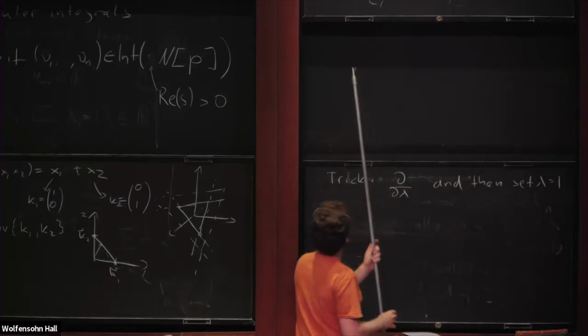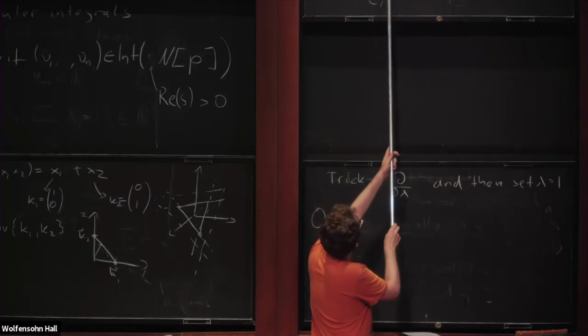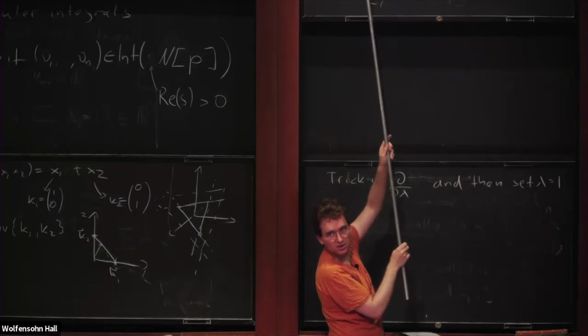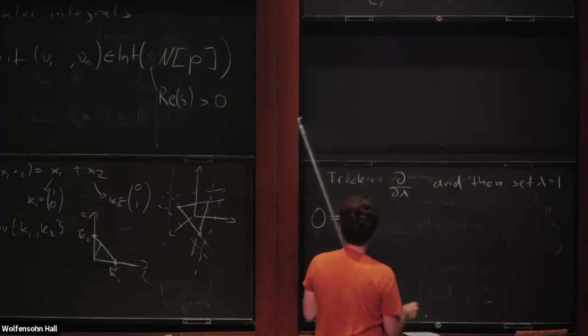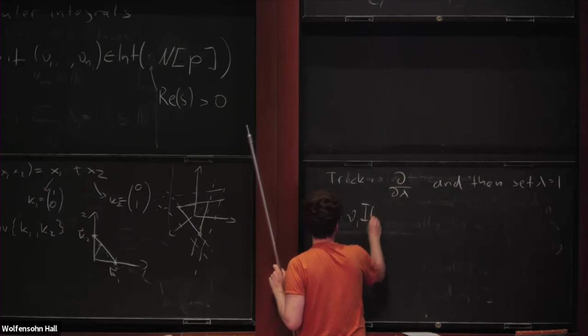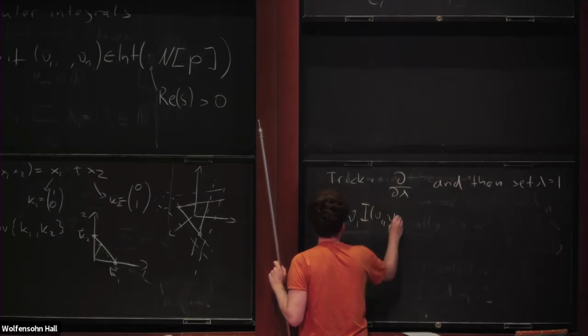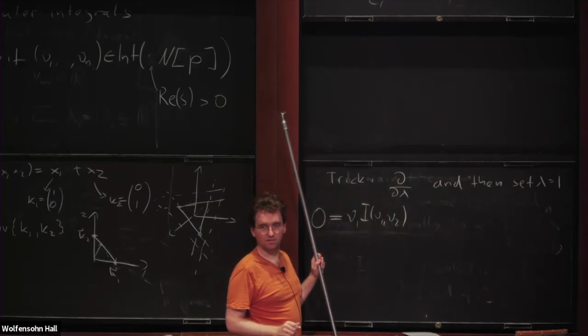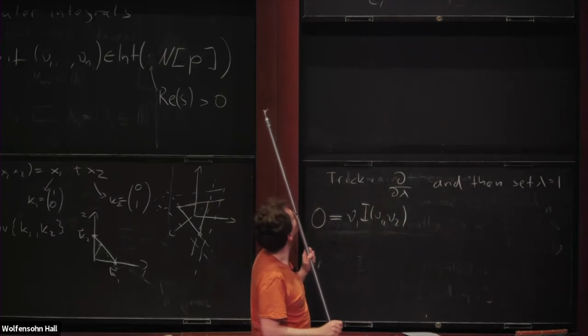And you can see that if we hit the first one and then set lambda to 1, we only pick up a factor of mu1, and nothing else changes. So the first term just gives us mu1 times I nu1 nu2, the original integral. So we did not do very much.